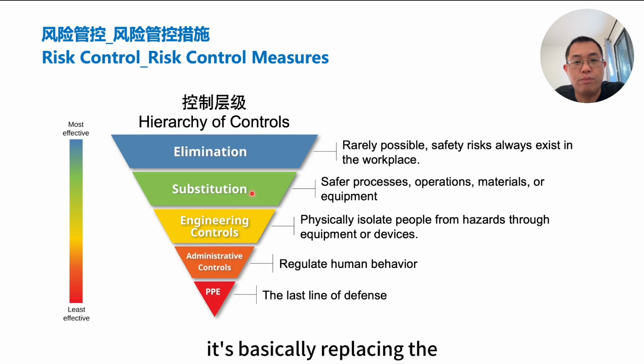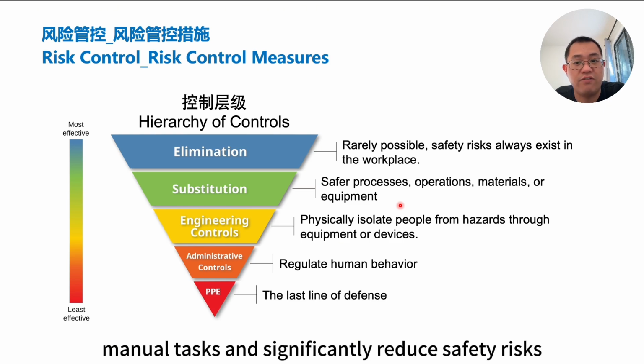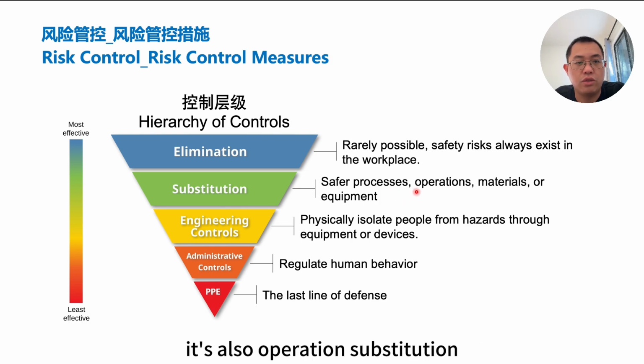So it's basically replacing the hazard with safer processes, operations, materials, or equipment. For example, automation technologies such as robots can replace manual tasks and significantly reduce safety risks. So this is a process substitution. It's also operation substitution.